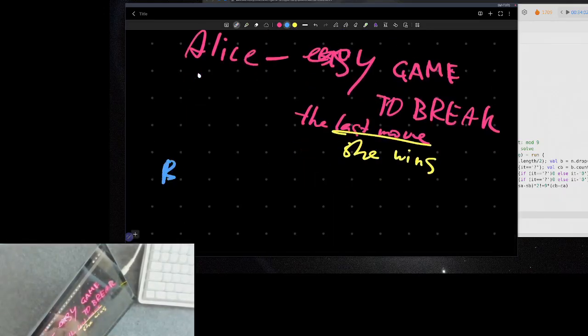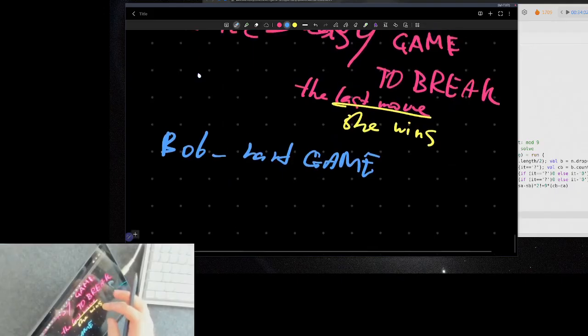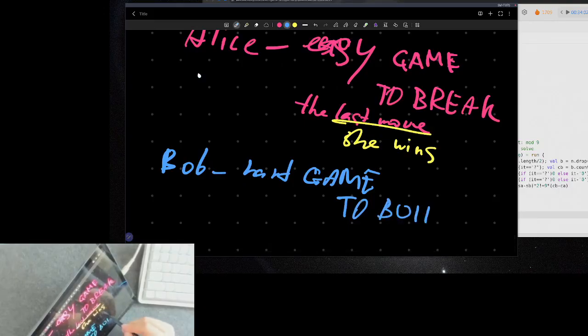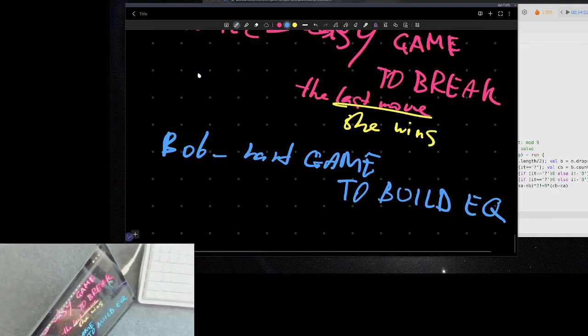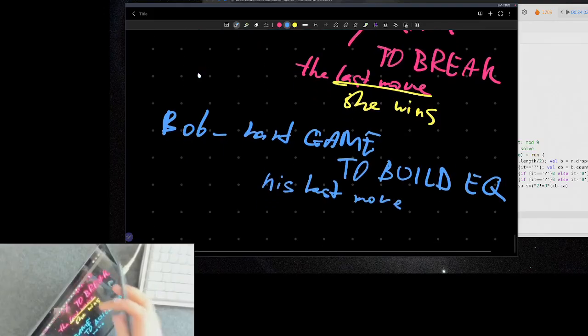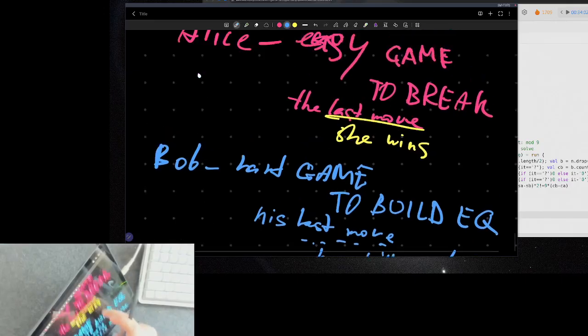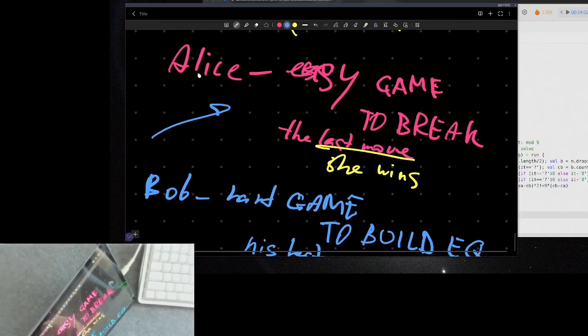And Bob is a different story, a hard game. His game is to make things equal, to build equality. And his last move doesn't tell you anything. He still can lose. So this is like half of the problem solved, but not entirely.